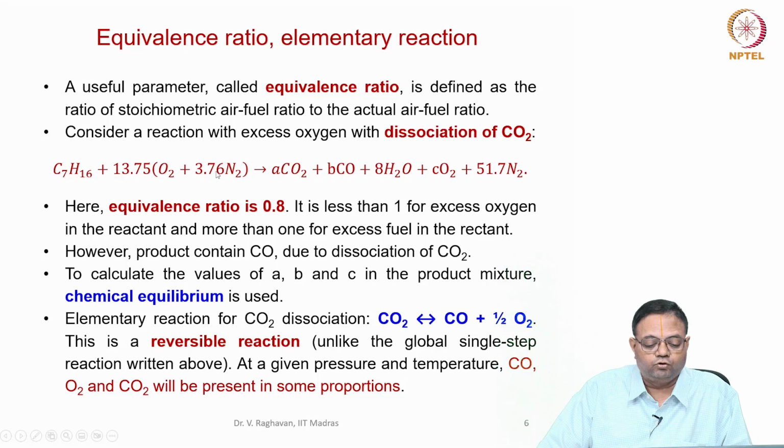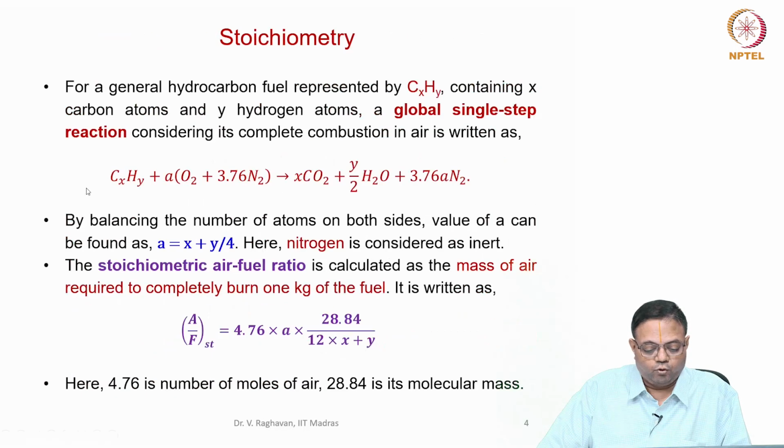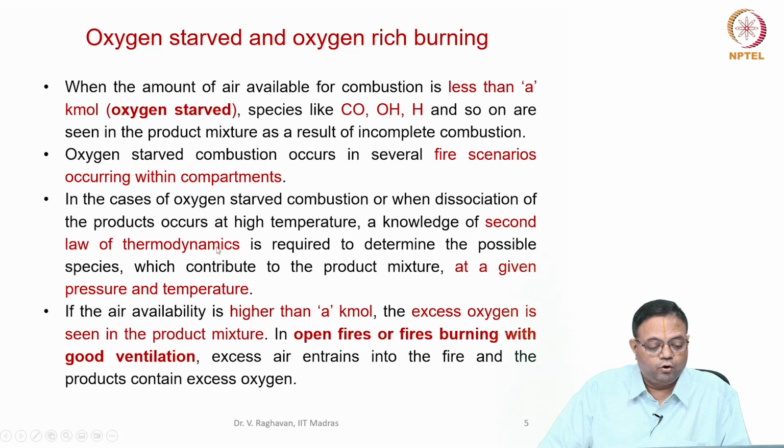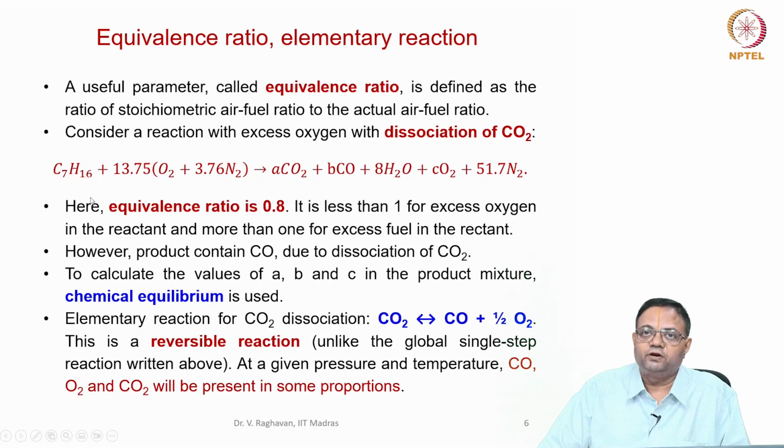The number of moles of air required is 7 plus 16 by 4. So you can go back, x plus y by 4, that is the value of A. Here it is 7 plus 16 by 4, which is 11. So the stoichiometric value of A will be 11, but as I told you, we have considered excess oxygen, it is now 13.75, which is more than 11.